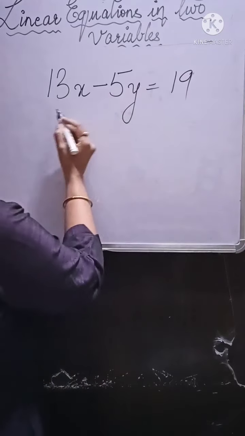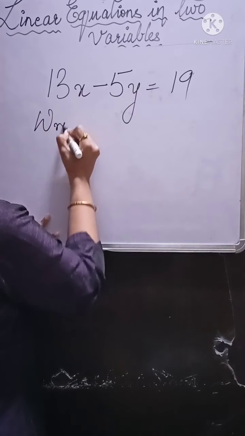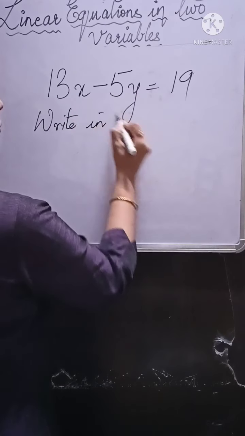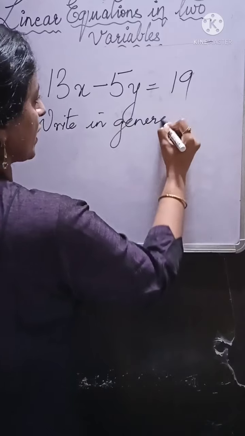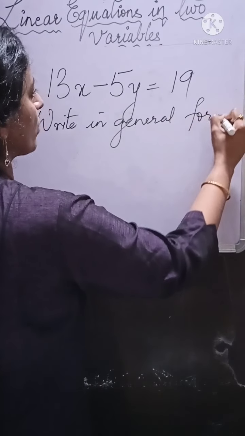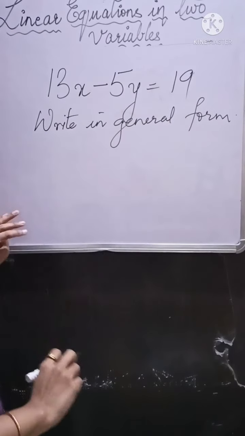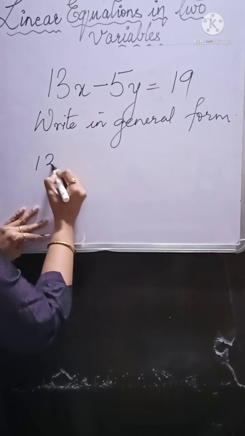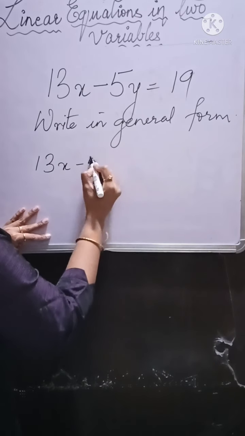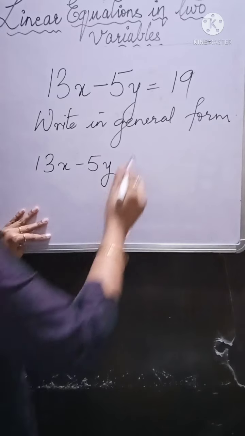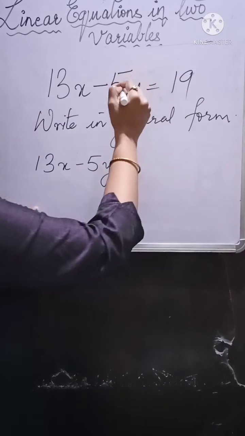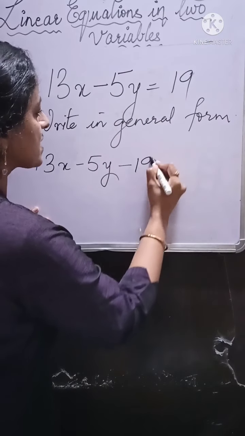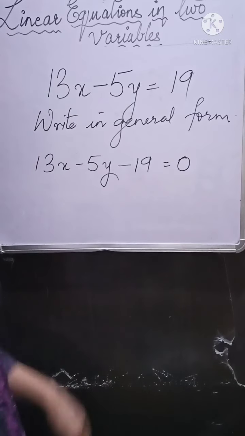If the question is, write it in general form of a linear equation in two variables. How will you write this equation in general form? 13x minus 5y is correct. 19 you will bring to the other side, it will become minus 19 is equal to 0.